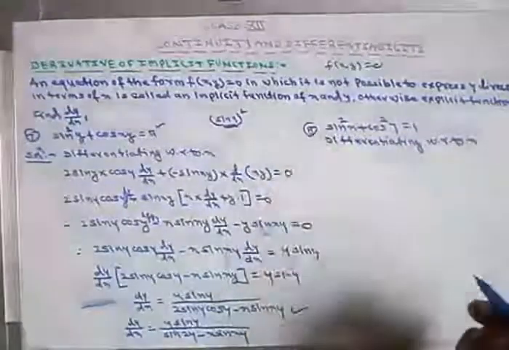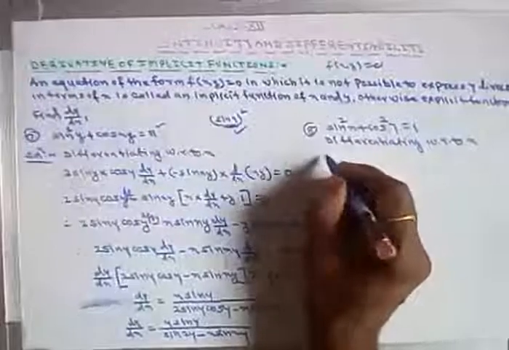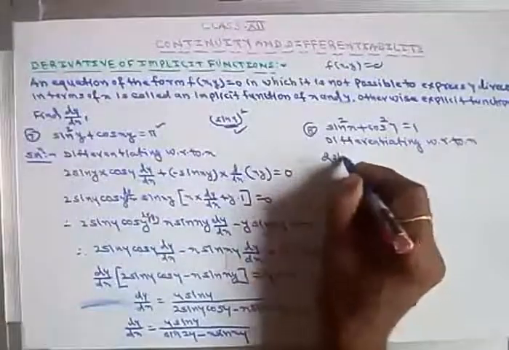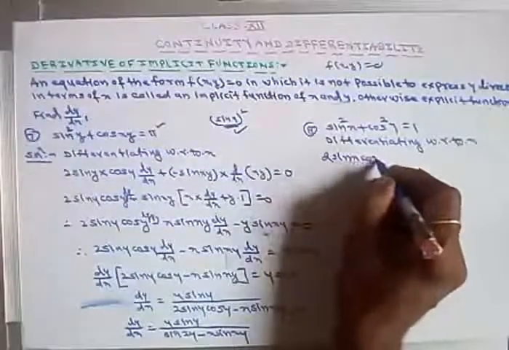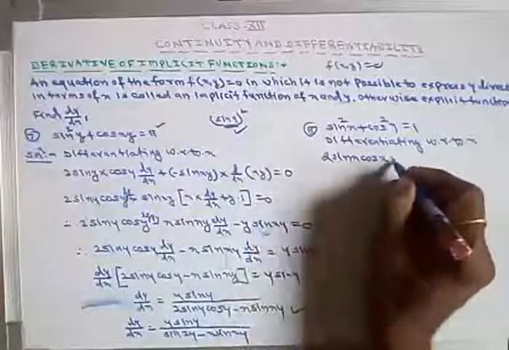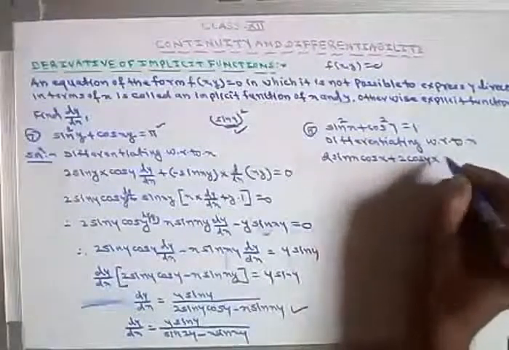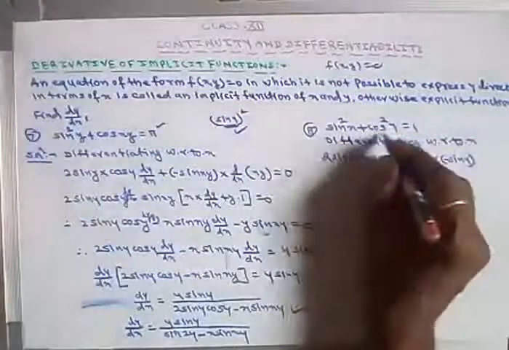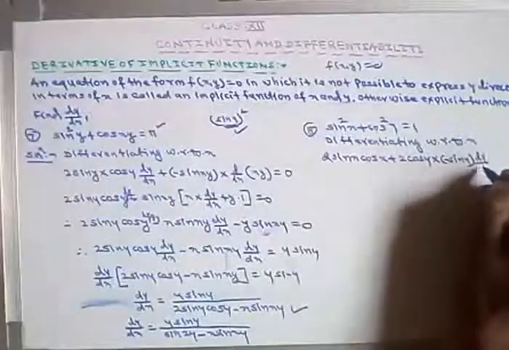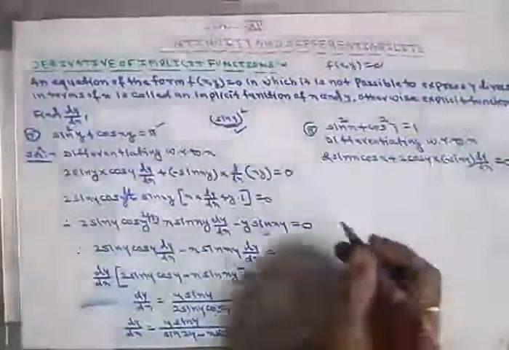Derivative of sin square x is twice sin x into derivative of sin x, that is cos x, plus cos square y, so derivative is twice cos y into derivative of cos y is minus sin y, since it is the term of y, into dy by dx equal to 0. Derivative of 1 is 0.